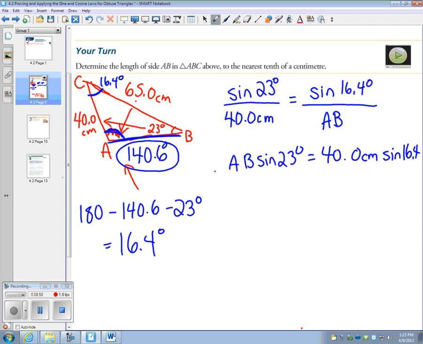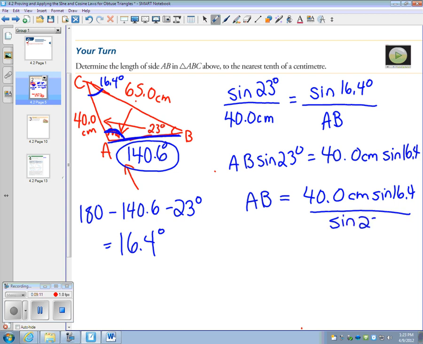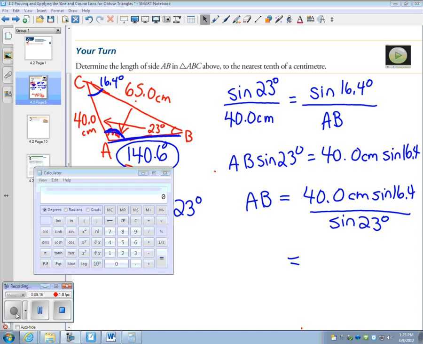Dividing both sides by the sine of 23, we get the side length AB equal to 40.0 centimeters times the sine of 16.4, all divided by the sine of 23. I'm going to get out my calculator and plug that in. The way on my calculator I have to do this, I have to go 16.4 sine, and some people can go sine 16.4.